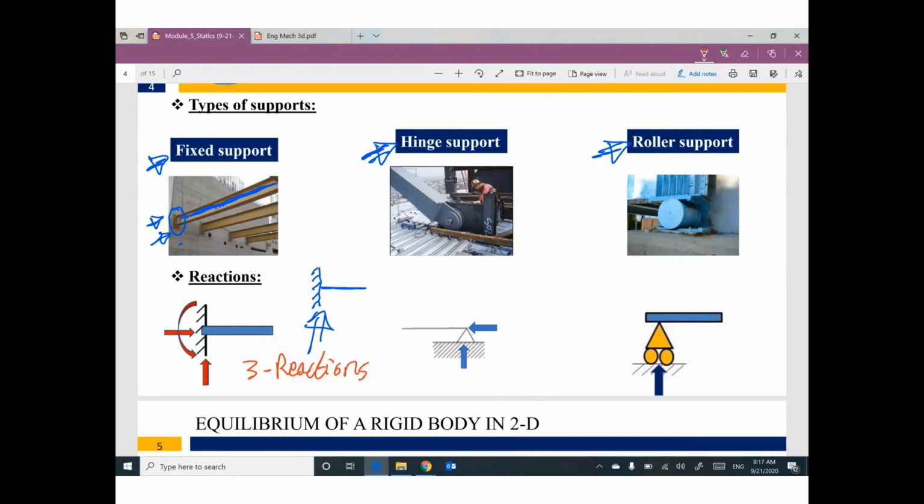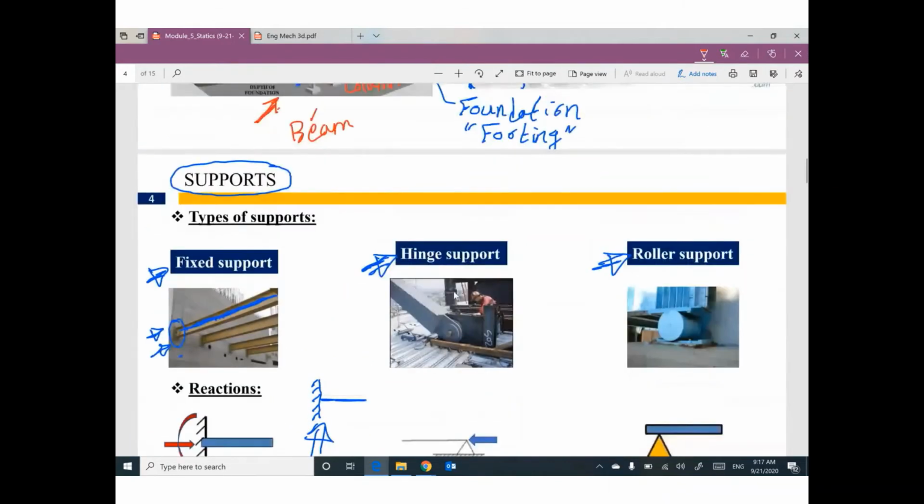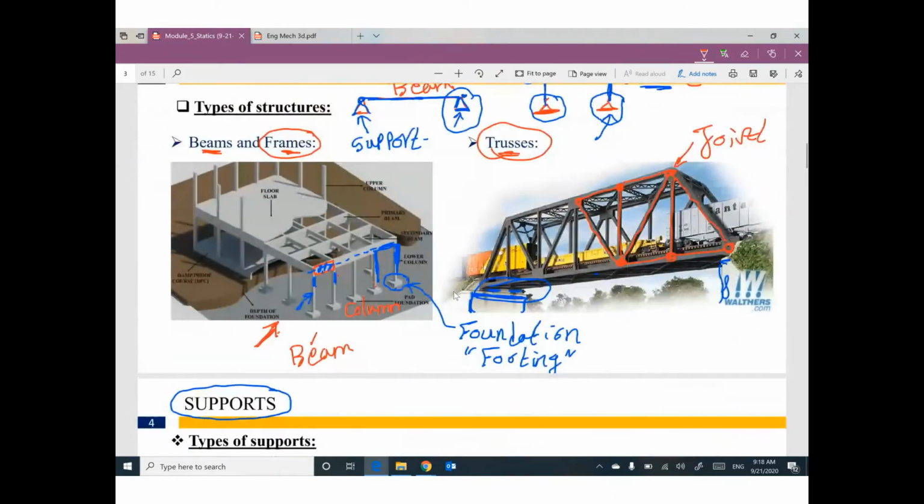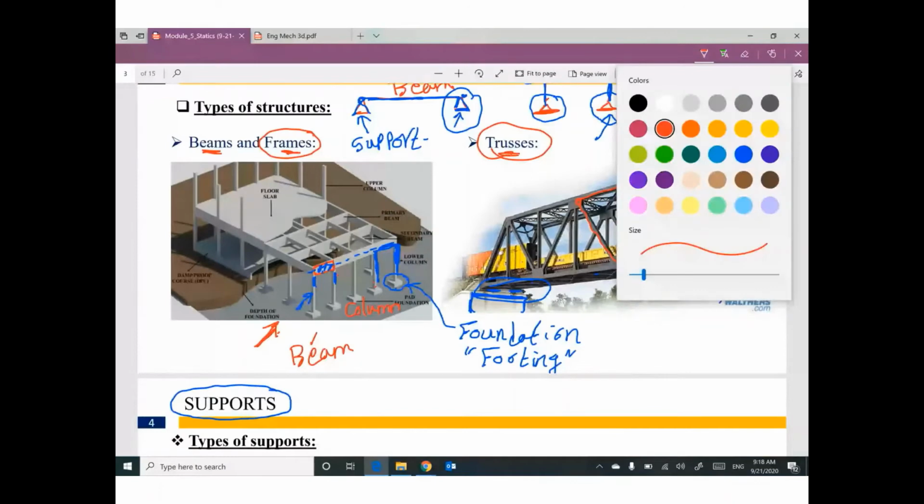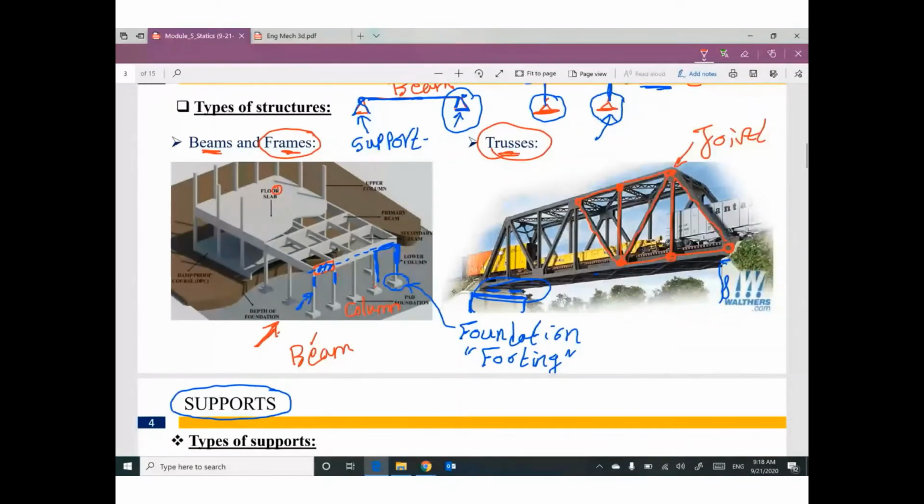As you know, supports are used to support the structure, so we have something called reaction. Can you let me know the meaning of reaction? On this slab, you are standing here and your laptop is on a table.